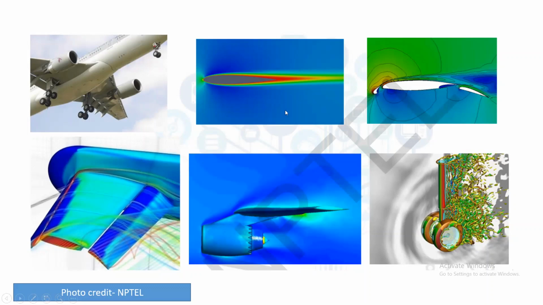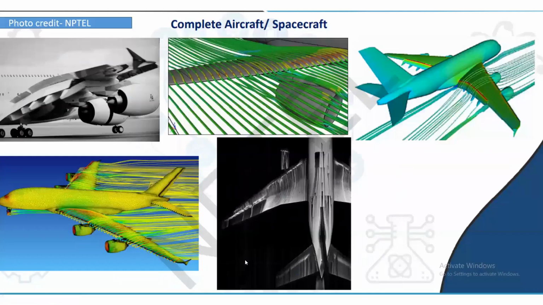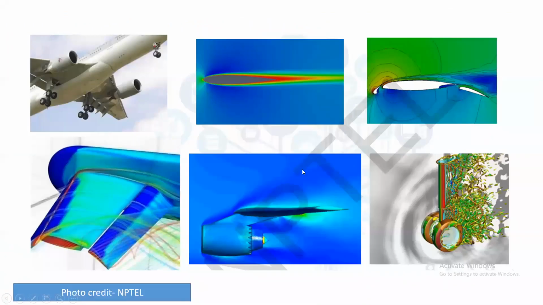So you can see flow over the aerofoil, and here within the combustion chamber.